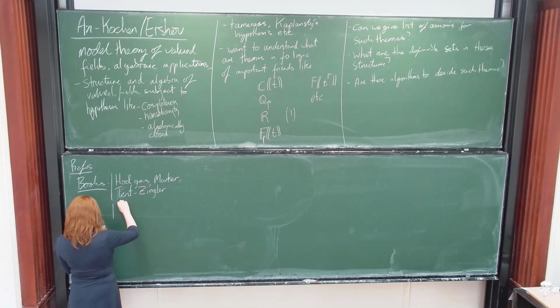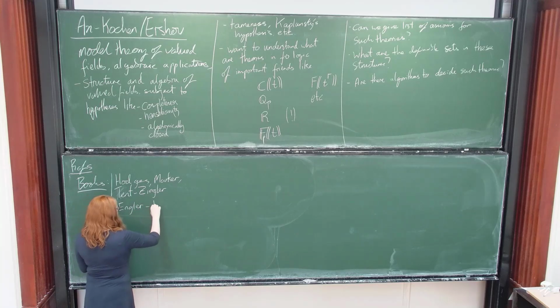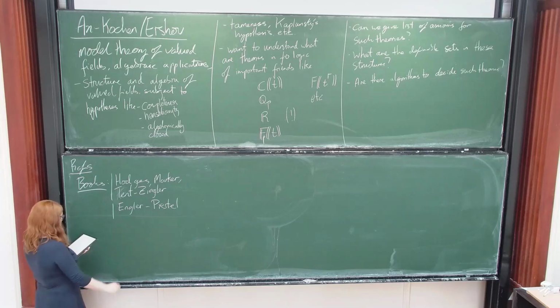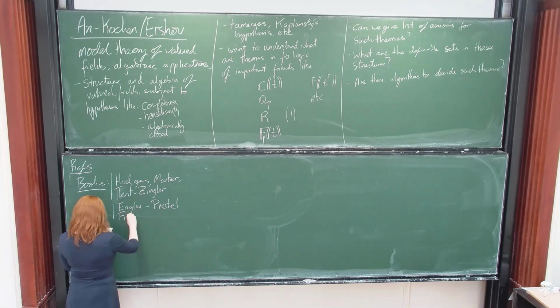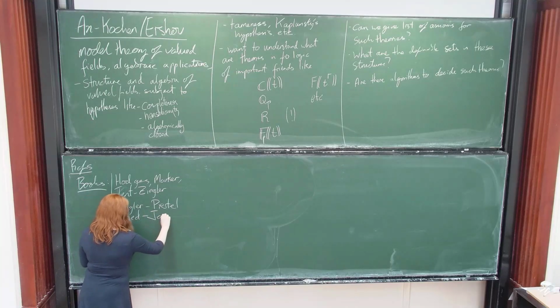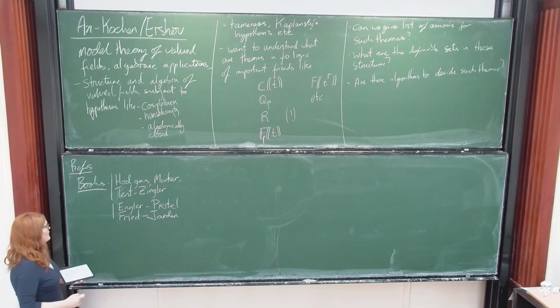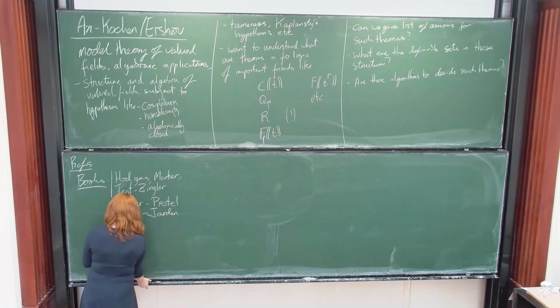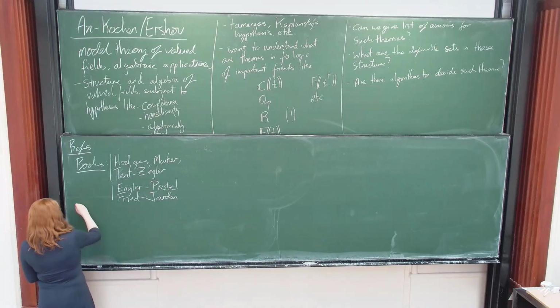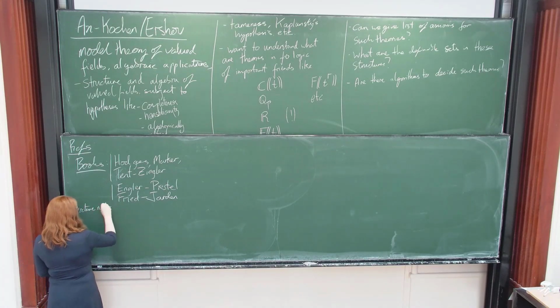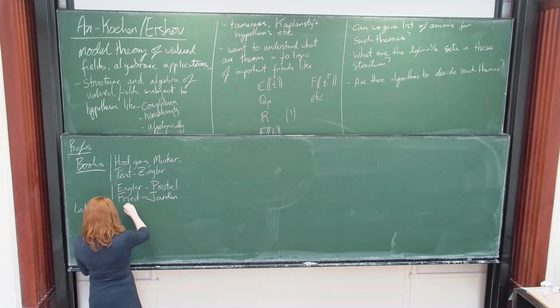I could point towards Engler and Prestel, the book on valued fields, and Fried Jarden, a very useful tome. All things in this ballpark. There are also lecture notes by Lou van den Dries.